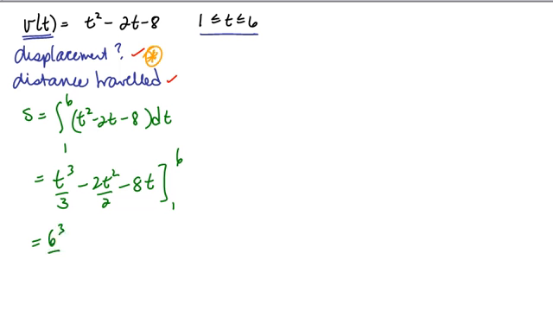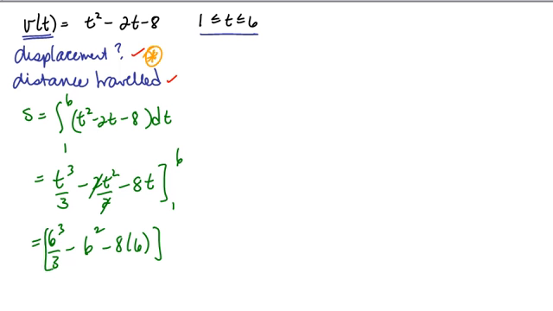Between 1 and 6, if I plug in 6, and I'm going to cancel these here for good measure, 2t. Oh, I'm trying to plug in 6 here. I keep making mistakes. I guess it's just not my day. There we go. t squared minus 8 times 6.